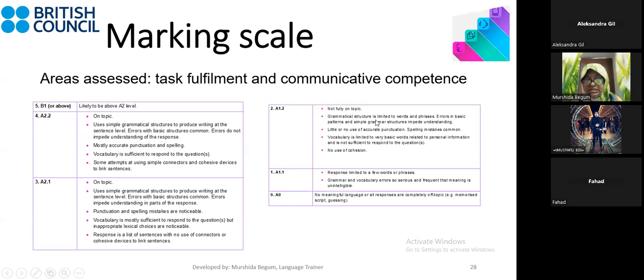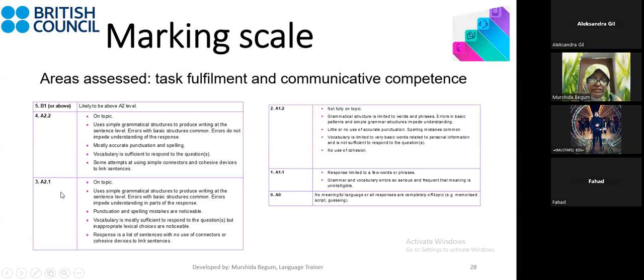Grammatical structure is limited to words and phrases. Basic errors in the pattern or sentences. If those happen, then the candidate is given upper elementary marking, A1.2. Even vocabulary is very limited to basic words related to personal information and not sufficient to respond to the question. These are the factors which will determine if a student is upper elementary.